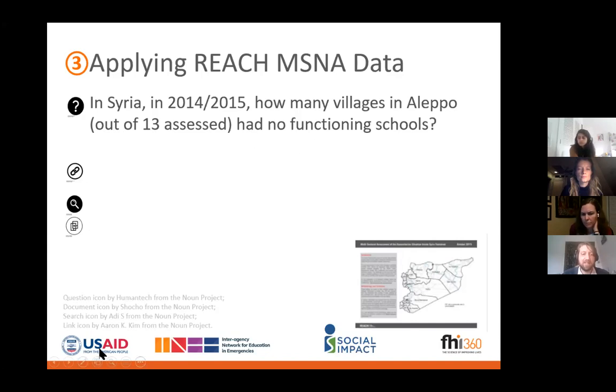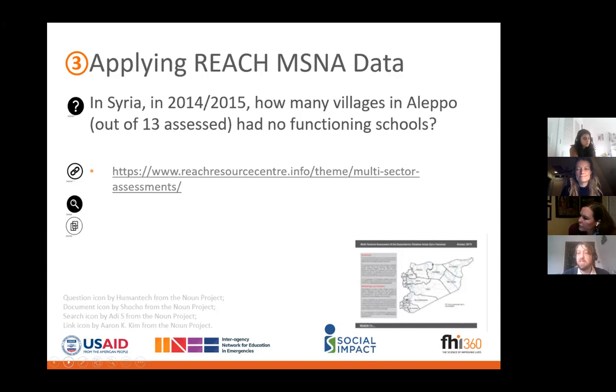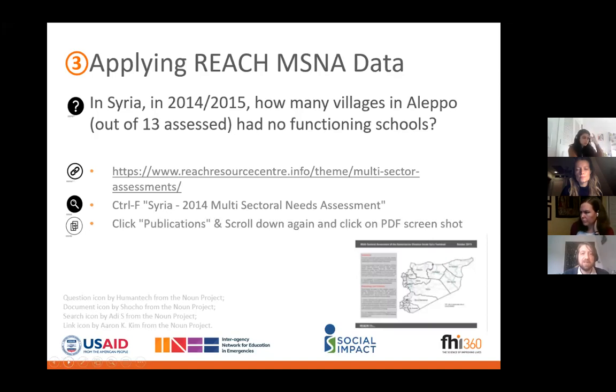So again, you'll navigate to the REACH Resource Center, which is there in your chat and also here on your screen. There's a theme filter where you can actually select multi-sector assessment. So that's very helpful. And then you'll want to look for Syria in 2014. And here we put the full name of the document for you.